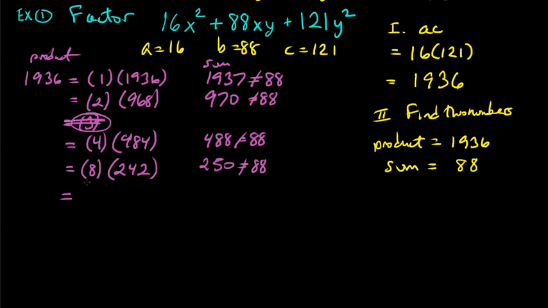So it's not going to be divisible by 9 or 10. How about 11? That's a little less obvious. If we divide by 11, we get 176. So 11 plus 176 is 187, which is still not 88.